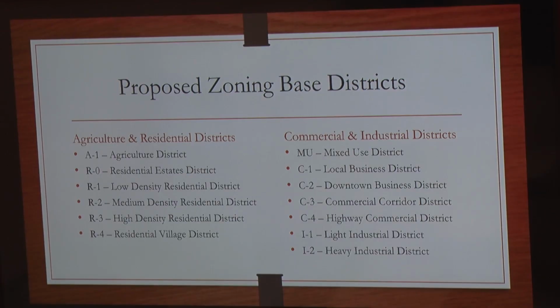So we're proposing a commercial corridor district, which would be your more in-town commercial areas, versus the C4, which is your highway commercial district. That would be your Walmarts, your Menards, those larger lots, more vehicular-oriented districts. And then the I1 and I2 districts stay primarily the same.